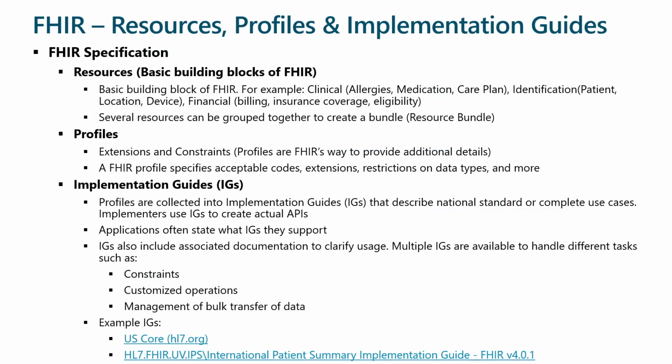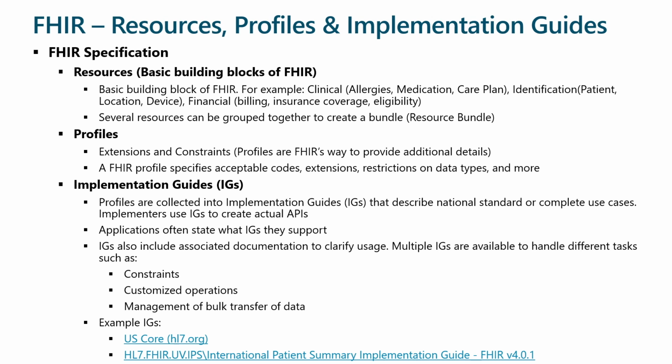For the sync agent mappings, you need to understand the following FHIR concepts at minimum: resources, resource bundles, profiles, and implementation guides. A FHIR resource is the basic building block of FHIR.